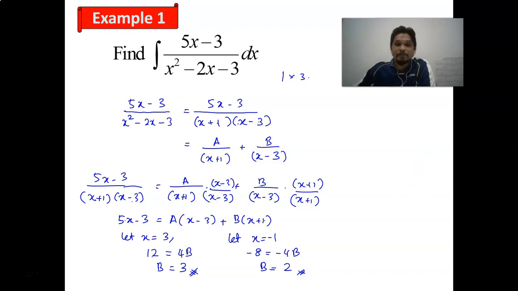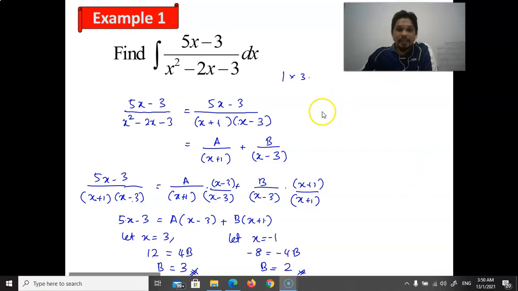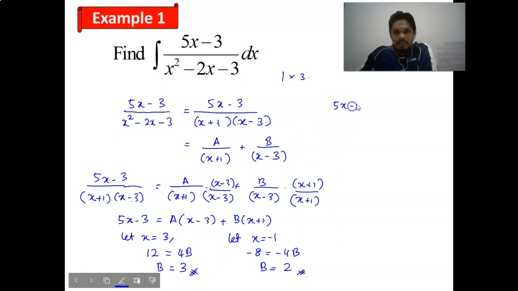So it means that here, 5x minus 3 divided by x squared minus 2x minus 3 equal to A. Okay, this one, let x equal to negative 1.